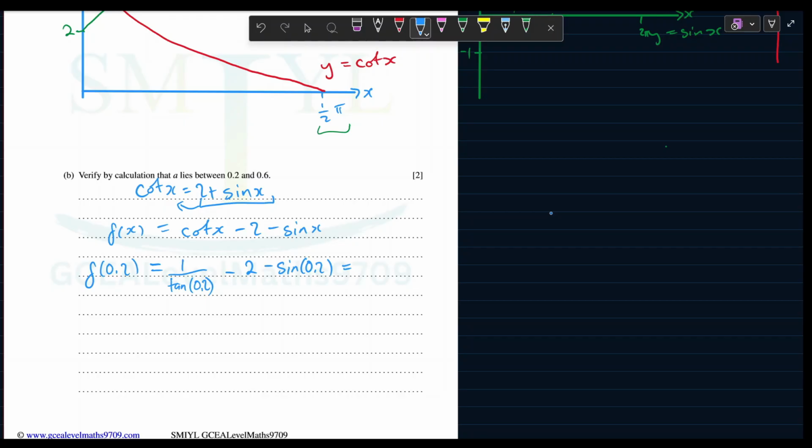And this gives us a positive 2.73 and so on. And let's evaluate f of 0.6.